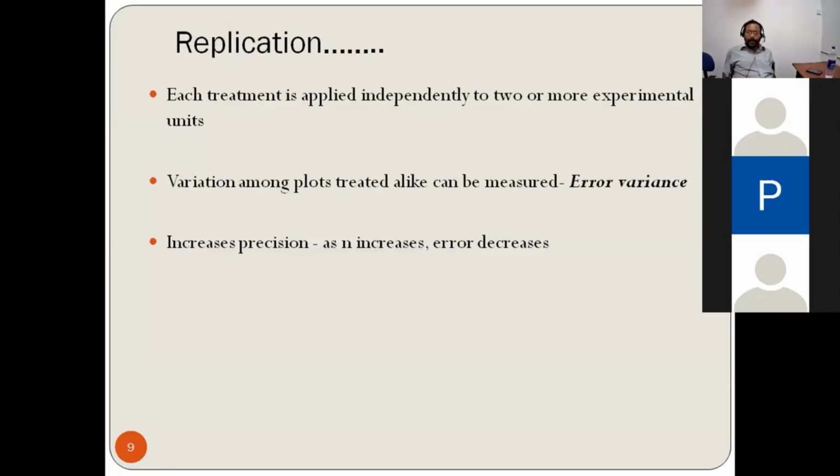Suppose you have 5 samples versus 10 samples from a population. In one case you have 5 samples, and in another from the same population you have 10 samples.